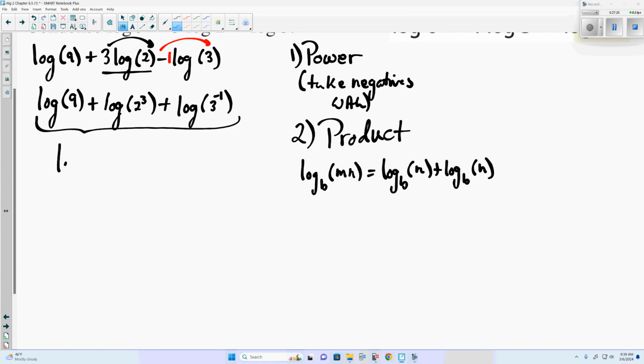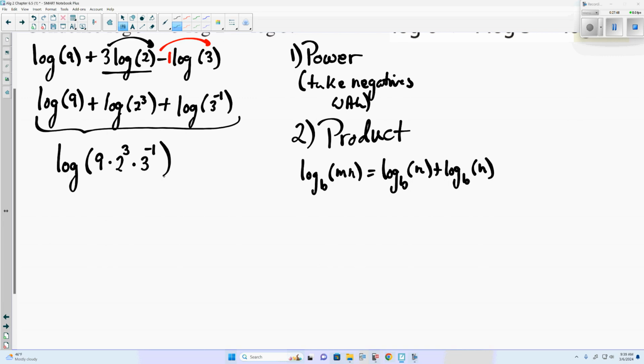All these 3 would be log of 9 times 2 to the 3rd times 3 to the negative 1. Even though there's 3 and not 2, it's still, we're multiplying them together. I didn't put them next to each other because they're variables.